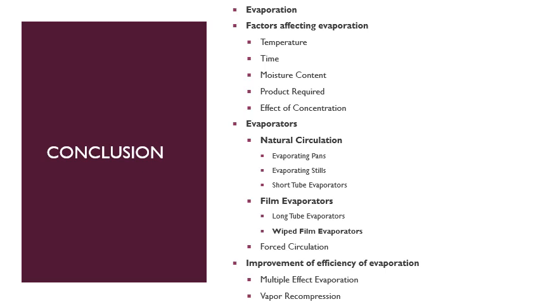The natural circulation evaporators are further classified into the evaporating pans, evaporating stills, and the short tube evaporators. Why are these called natural circulation evaporators? As we have discussed, they only provide the natural circulation.